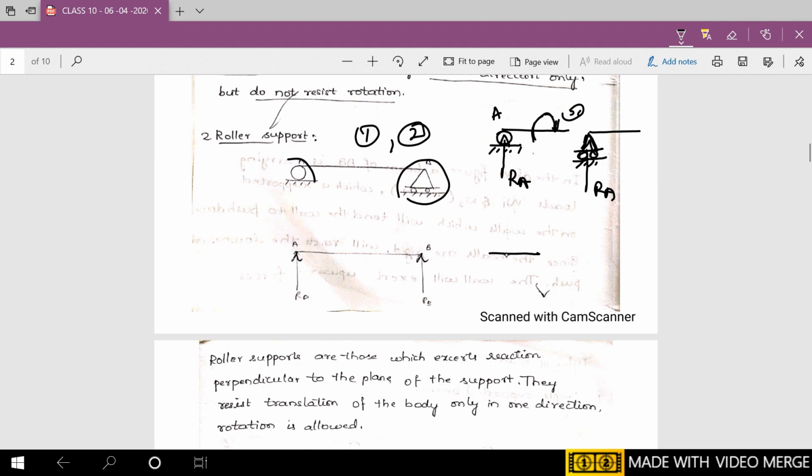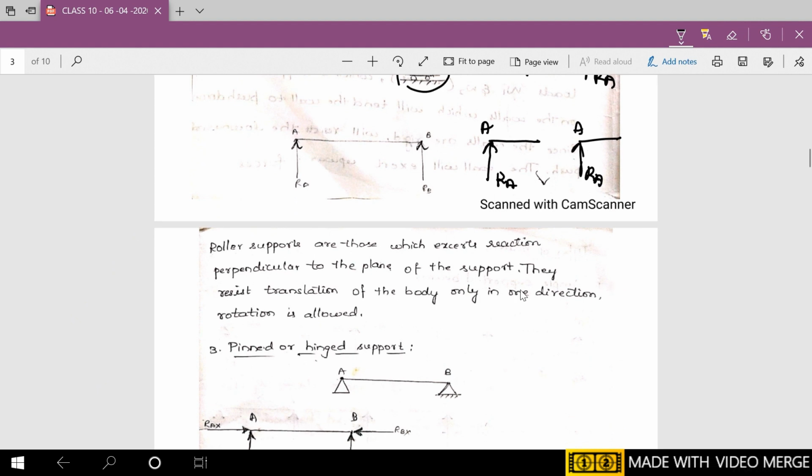So while writing the free body diagram, you have to write a vertically upward reaction, that is RA at point A. Here also a vertically upward reaction is there at point A. Instead of writing the representation, you have to write the reaction.